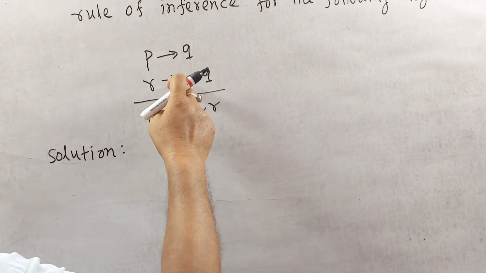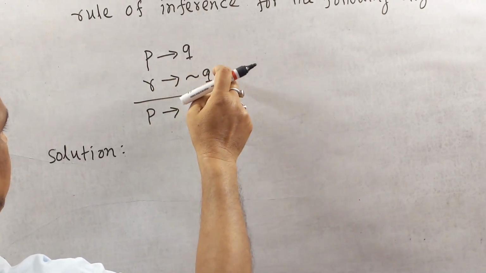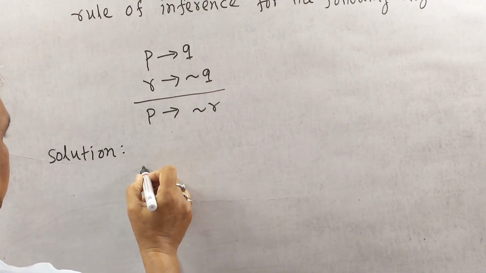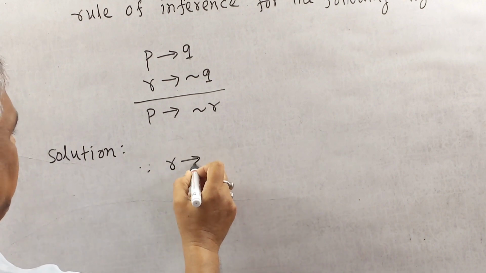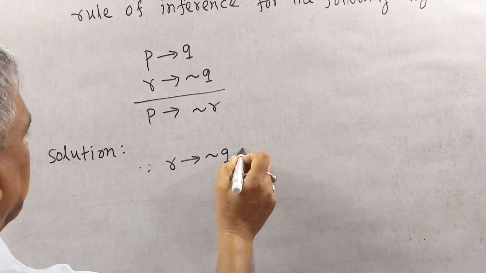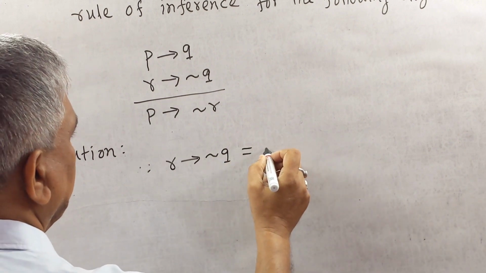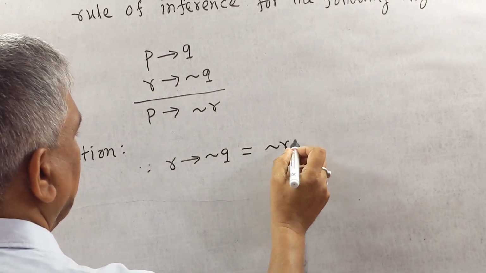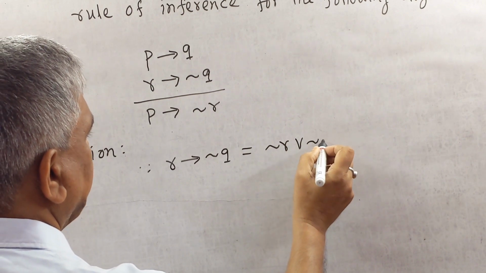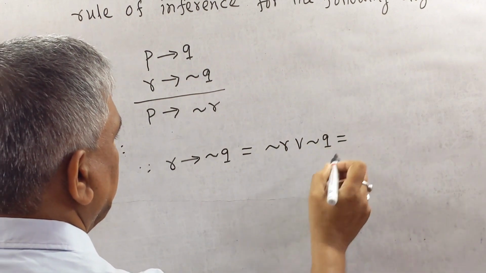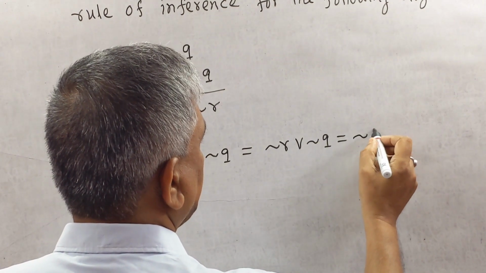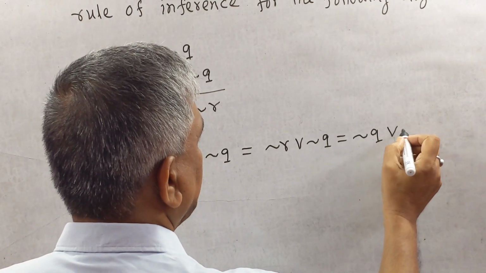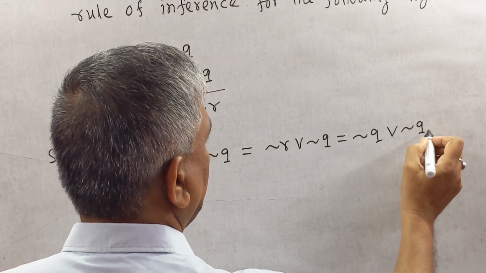Firstly, we solve this premise: R implication negation Q equals negation R disjunction negation Q. This equals, by commutativity, negation Q disjunction negation R.